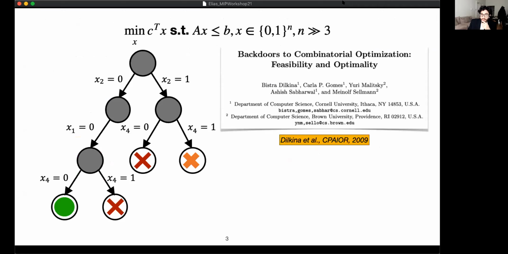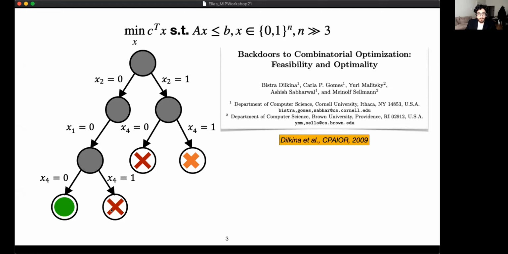The notion of backdoor for integer programs was defined in a paper by Dilkina et al. more than a decade ago now. It says the following: say you have a binary problem where there are many more variables than three, and you do a bunch of branching on three variables, x1, x2, and x4. If you look at all these edges, you'll only find these three variables.